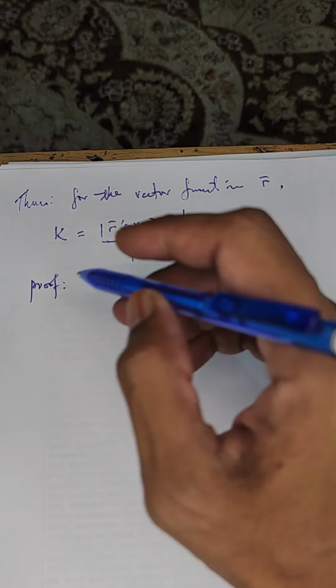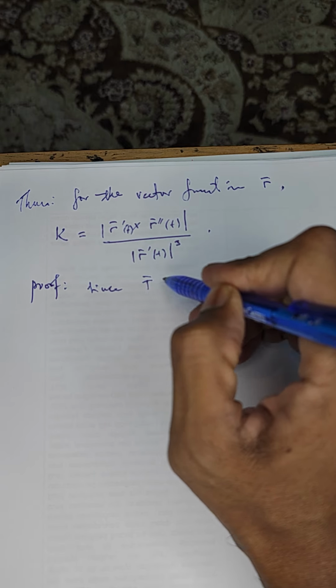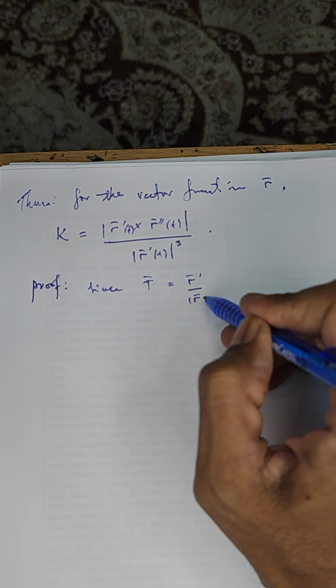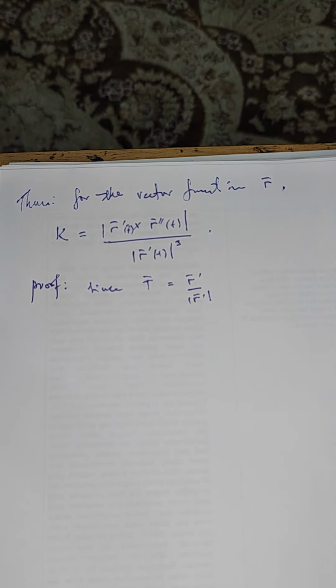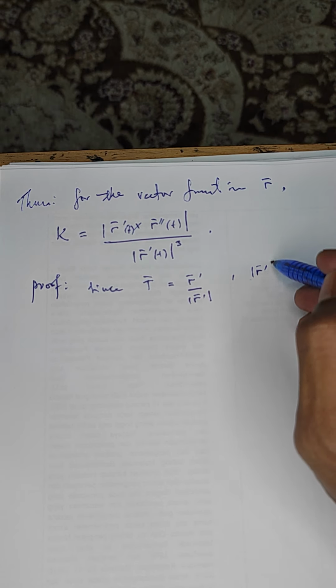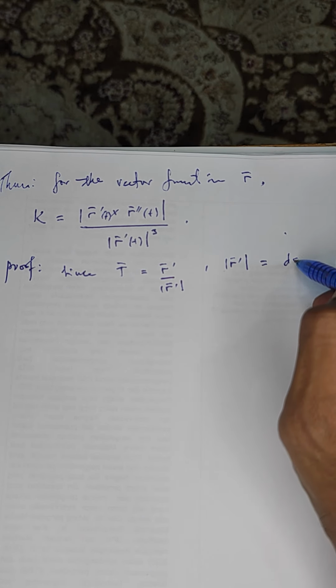So what we have, since T is defined as r' over the magnitude of r'(t), and the magnitude of r' we define as ds/dt.